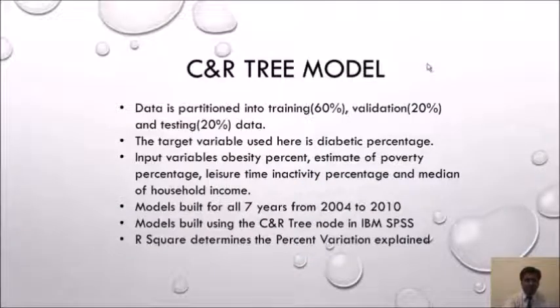Coming on to the CNR tree model, this model works on the principle of classification and regression. What additional result we have here in the CNR tree model is the R square value for each model. The R square value is the percentage of variance explained by the input variables for the output variable.